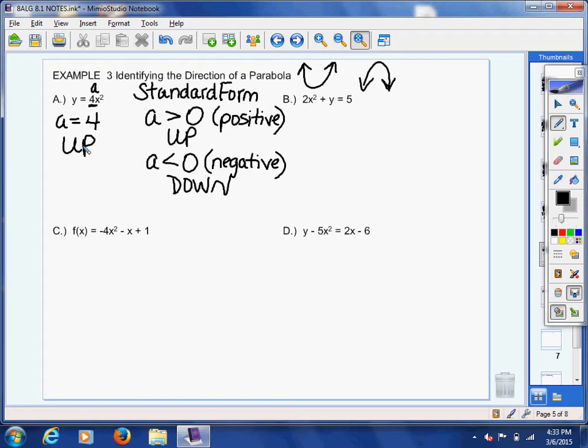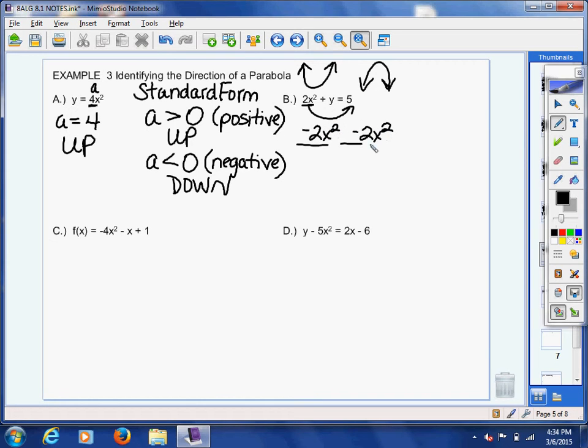Okay, let's look at B. Now, first thing you got to do, is that in standard form? Can't look at A right this second because it's a little misleading. Y is not by itself, so we need to do a little bit of fancy footwork. We need to move the 2x squared. We got to move that to the other side. How would you do that? Right, subtract 2x squared from each side.